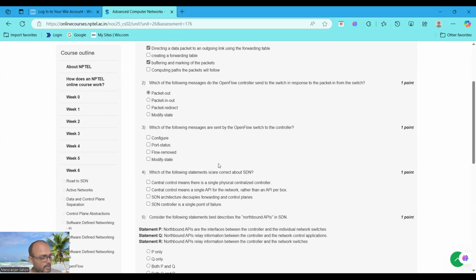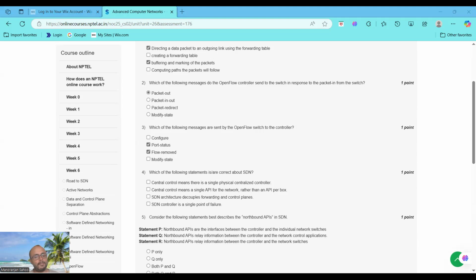Moving to question number 3. Which of the following messages are sent by the OpenFlow switch to the controller? This is port status and flow removed. Why port status and flow removed?